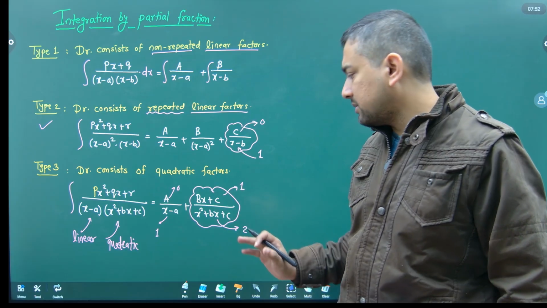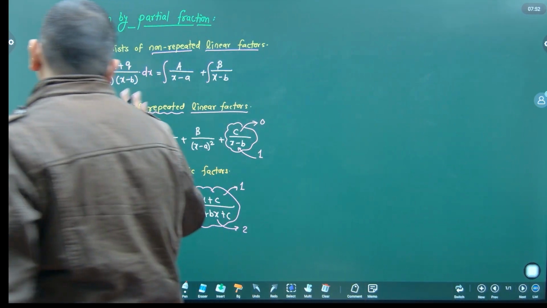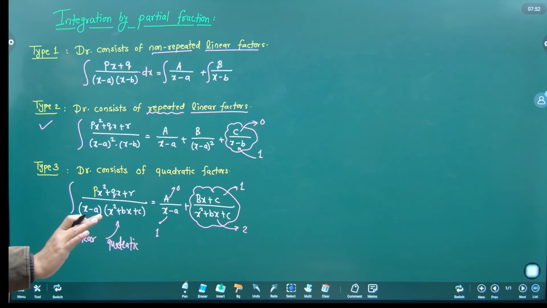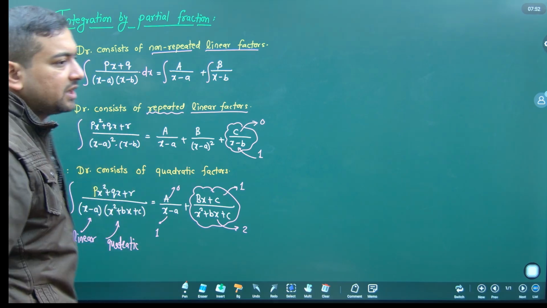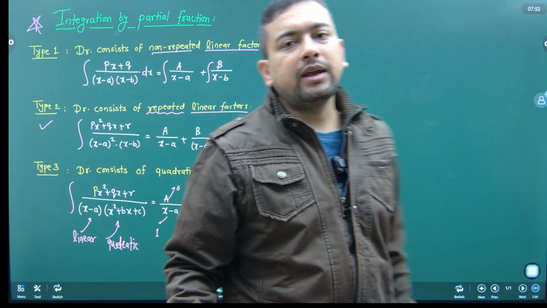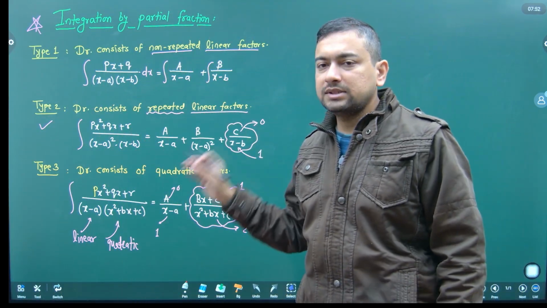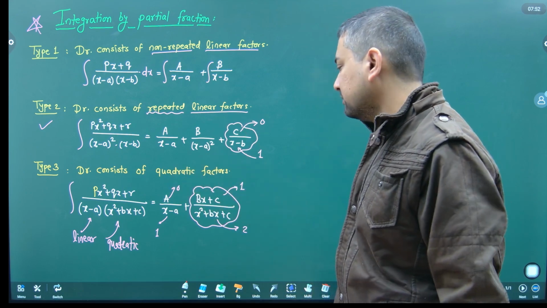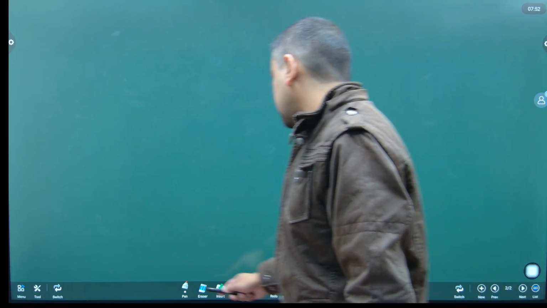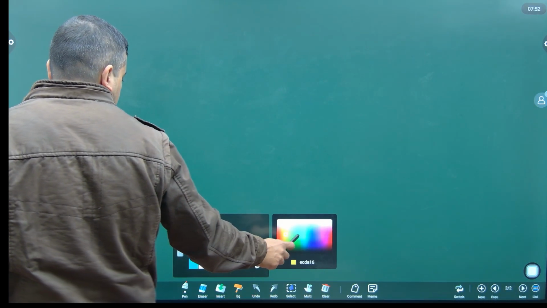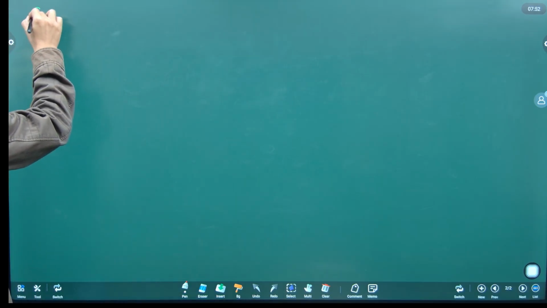Now let us solve some examples so that this procedure will be clear to you. It is one of the important topics from the integration chapter. Definitely you will have questions in boards, CET as well as in JEE. Okay. So let us see the first example. Now we have seen the different types, so based on the type, you have to follow the respective procedure.